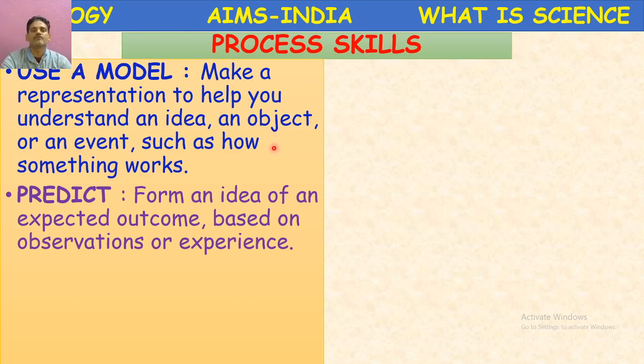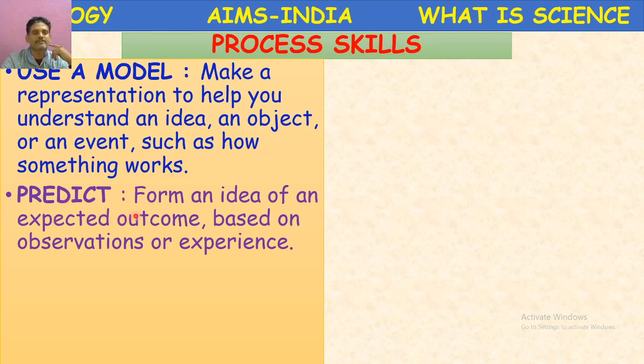So your friend used a model of volcano. So in that some soda and some chemicals they will add. So you will see the lava is coming out like so, that model represents the original. A model is not exactly the same, but it is a replica of the original.